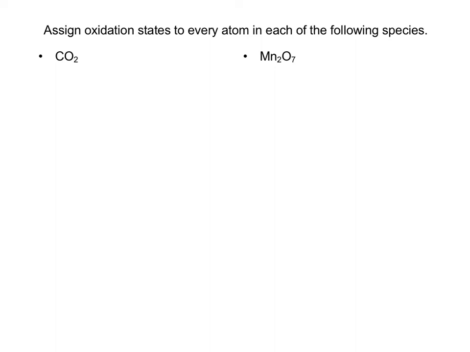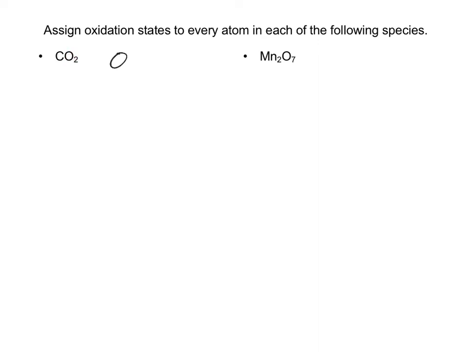I know I'm going to keep going, but I think the easiest way to do these is to do more examples. So now I have just a purely covalent compound. I have carbon and oxygen. They have to add up to be 0. So again, when I go to the list, carbon is in the very bottom. It's not one of the listed elements, so it's just going to have to be whatever it has to be for oxygen to get its -2.